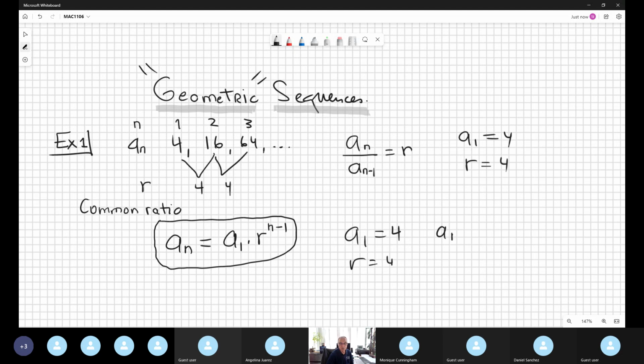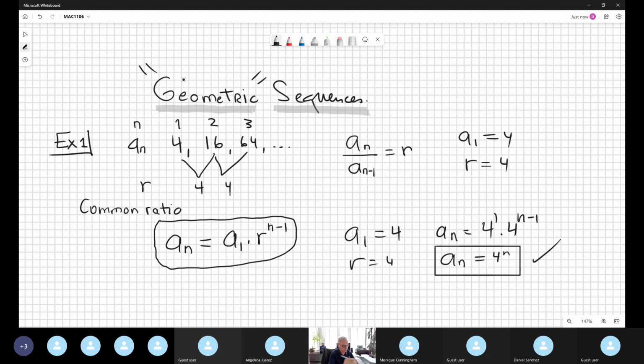Therefore a sub n would be 4, a sub 1, times 4 to the n minus 1. You can leave it like that, but much better, in my opinion, is to put it together. This is exponent 1. And when you put it together, 4 to the n power. It makes sense, because 4 to the 1 is 4, 4 to the second is 16, 4 to the third power is 64. This is the formula.